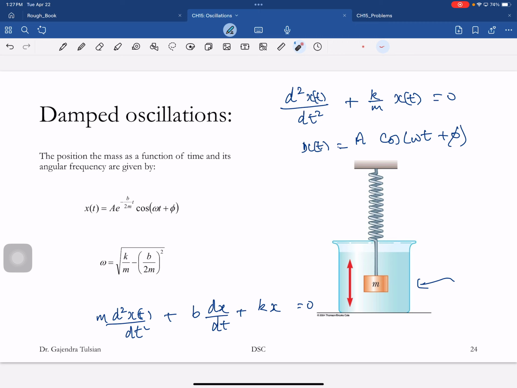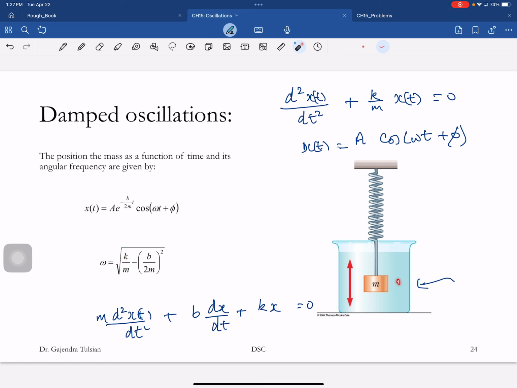Okay, mechanical energy is being converted to heat, so that is reflected in the fact that the amplitude is decreasing. And in addition, see, the oscillation frequency changes slightly. Okay, this is the oscillation frequency without friction. With friction present, it reduces.